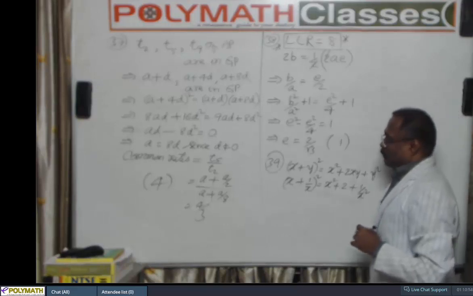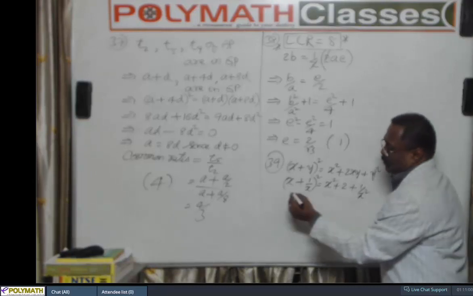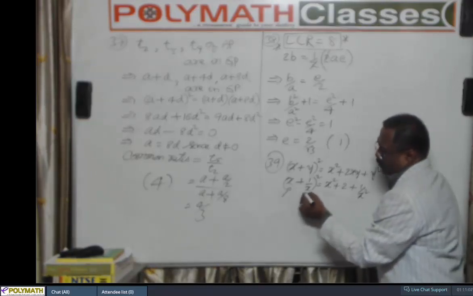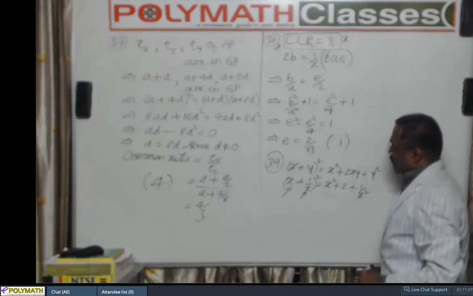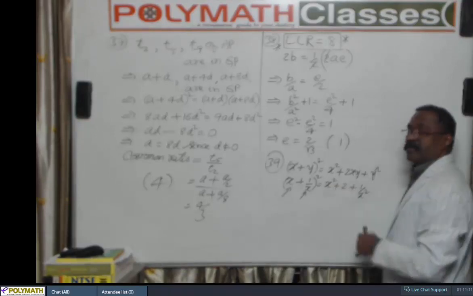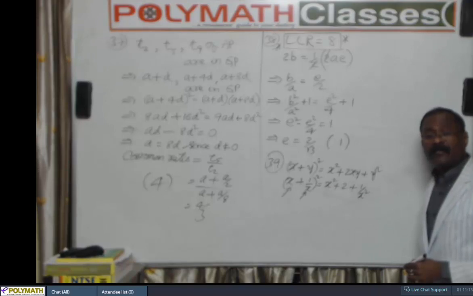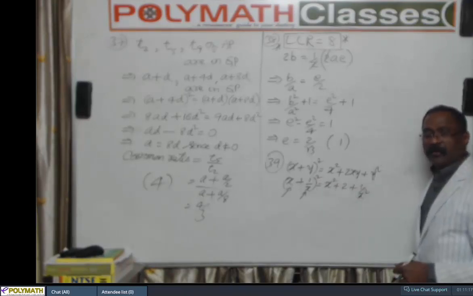Now, if these two have the same base, there are chances of addition of terms. Of course, in this case you are getting 2 + 1, 3 only.